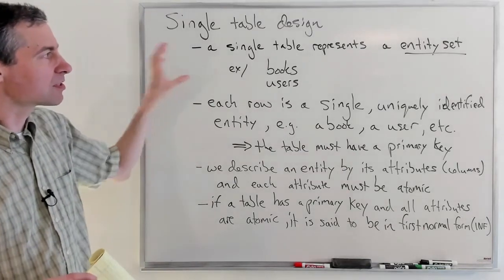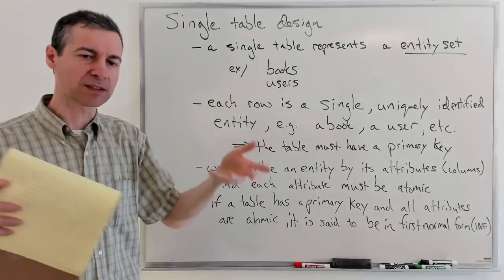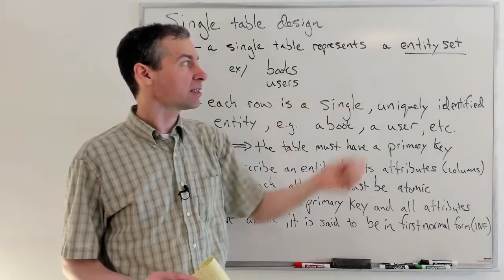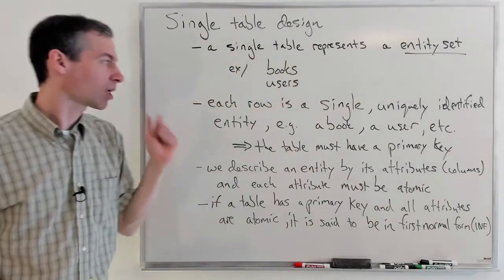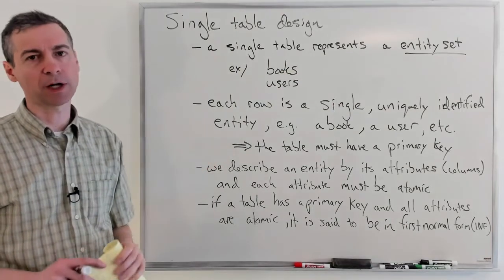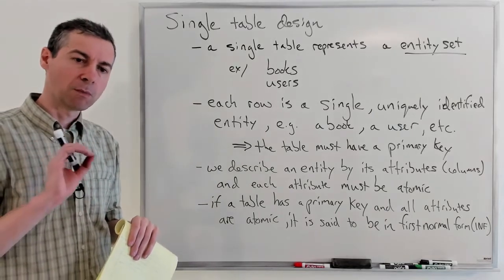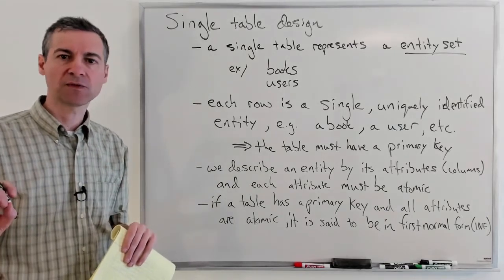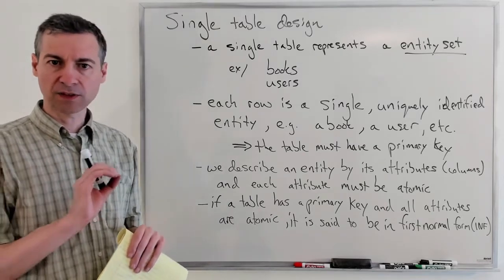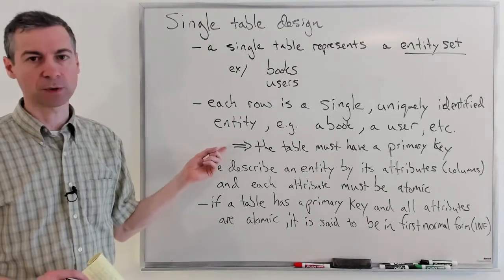So we're going to represent this set of things, this set of entities, in a table, and we'll call that an entity set. Now, one thing to note is that our tables must have a primary key. Every single row in a table must uniquely identify a different entity, a different thing that we're keeping track of, and so there must be some way of doing this.